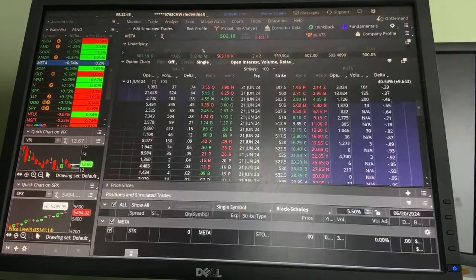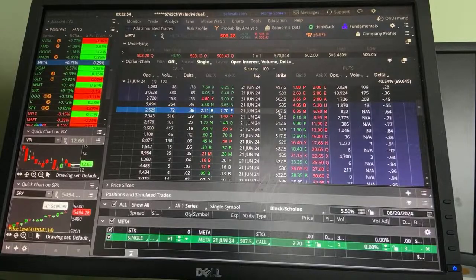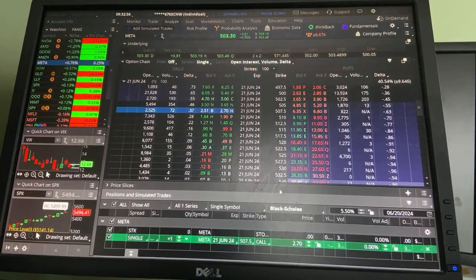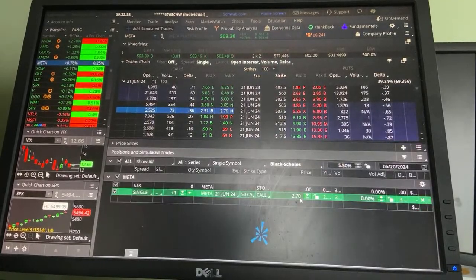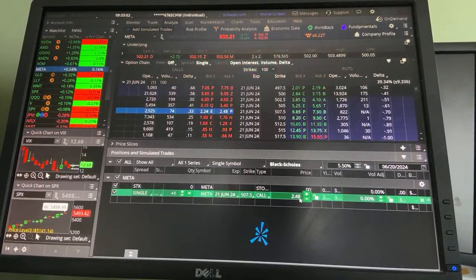So Meta here, long call. I'll go a little bit lower risk with y'all on the live stream. I'll pick up the 507.5 strike call. They're going for about $2.70 here if I bring that up. So that'll be the first entry that I'm going to be taking on this.